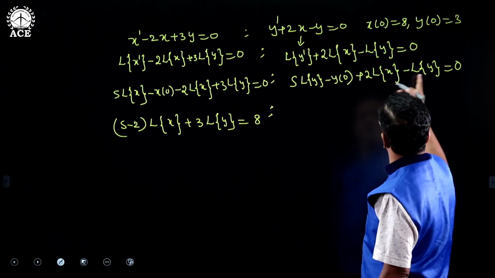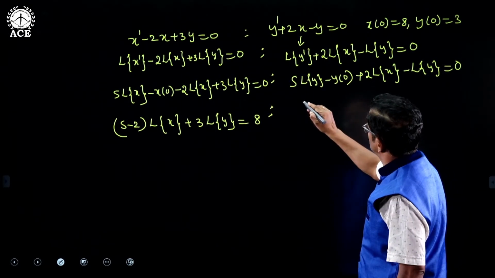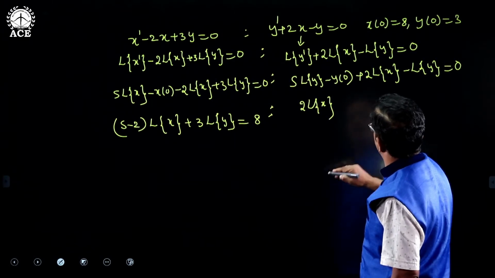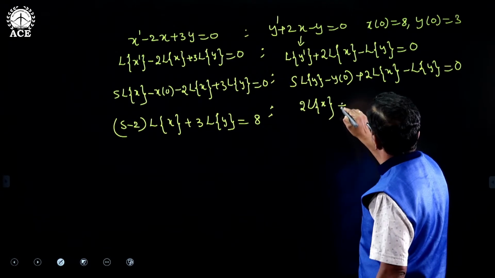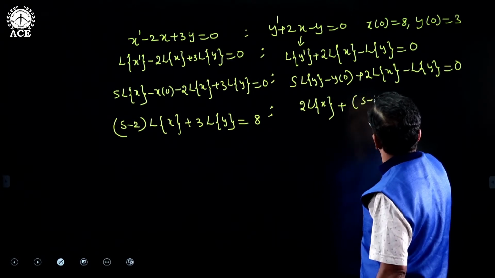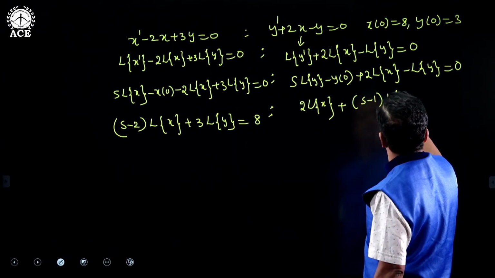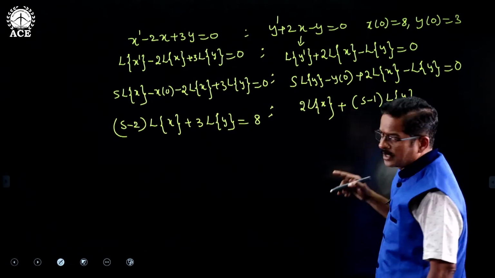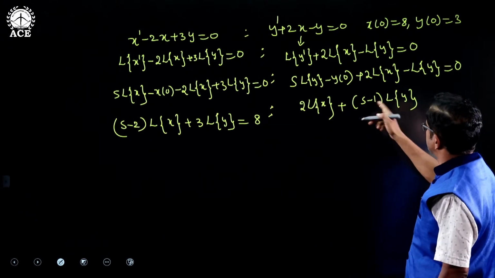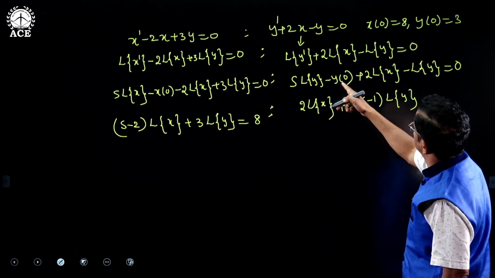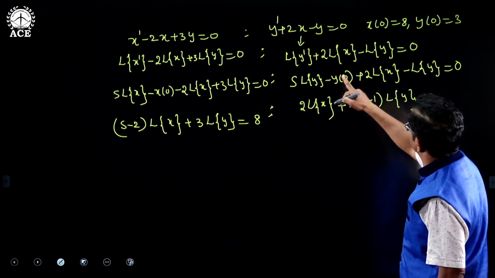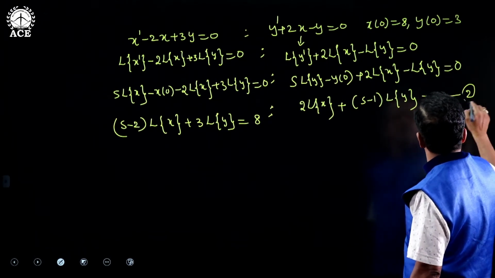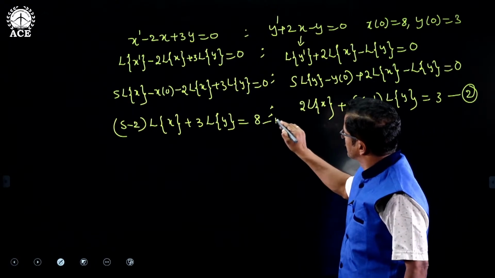So now for L of y terms, first you write down 2 into L of x and plus s minus 1 into L of y, s into L of y minus L of y, by taking L of y common, s minus 1, and y of 0 is 3, minus 3, if I bring that side is equal to 3. So this is the second equation, and this is the first equation.